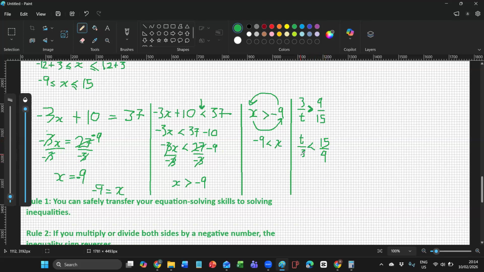So you might be saying, do we really need to flip? Yes, you do, because it's more convenient for you to now say multiply both sides by 3, and you will now have t less than 15 over 9 times 3.